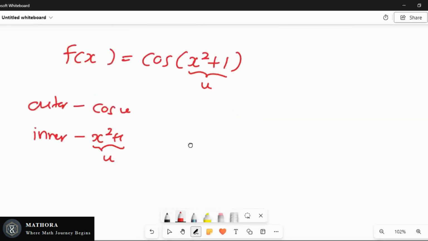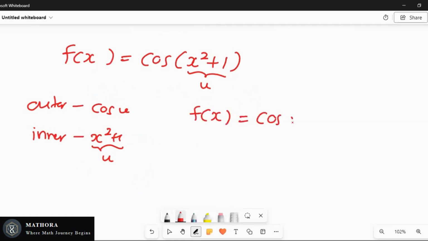The derivative of cos u, we can write it like this, f dash x, is negative sine u, and we leave the u as it is. The derivative of u, that means x to the power of 2 plus 1, is 2x. So applying the chain rule, we write u dash.